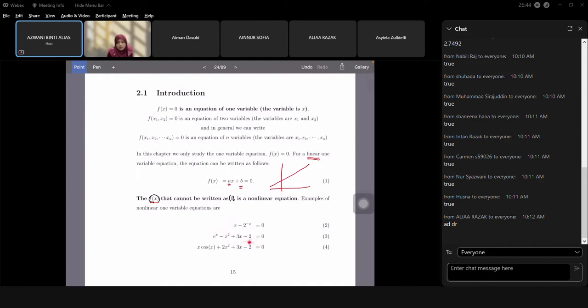As you know, from your knowledge lah, which terms are the non-linear terms here? Adakah exponent x, adakah x square, ada 3x ataupun negative 2? Anyone?